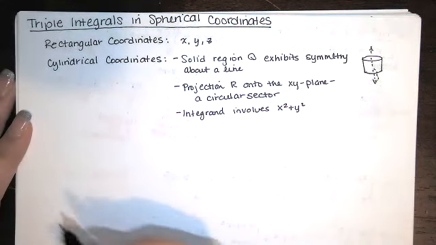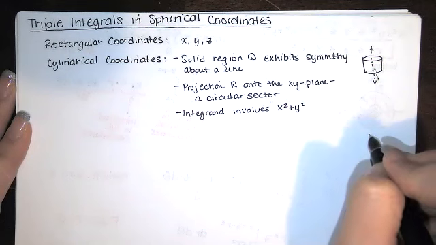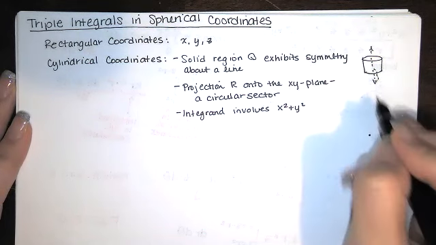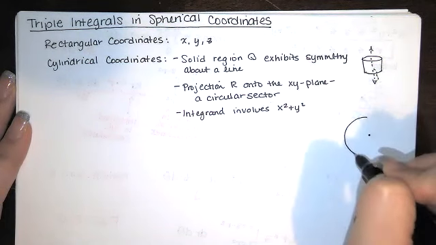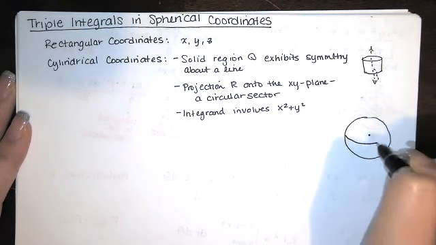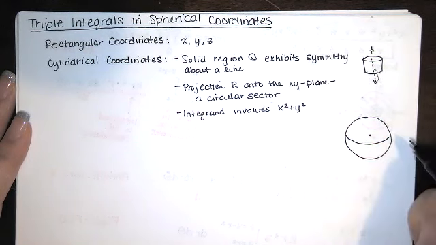Spherical coordinates are similar, but instead of having symmetry about a line, it's just like you would imagine with a sphere. You've got symmetry about a point.